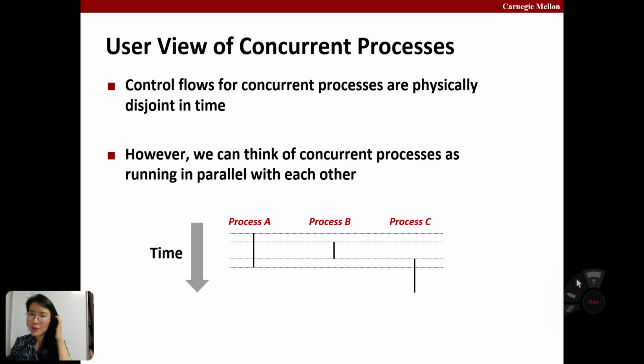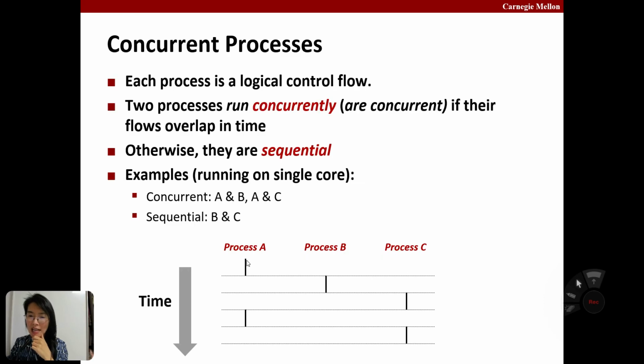So, the user view of concurrent processes. Control flows for concurrent processes are physically disjoint in time. For example, even though processes A and B are concurrent, the physical time slot, the physical time epoch, is divided or separated from each other, right?